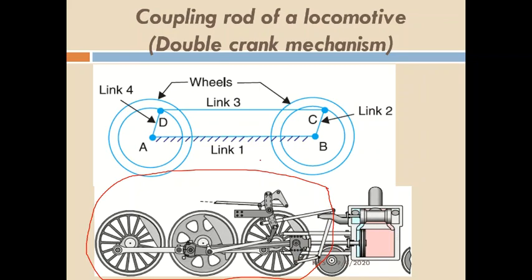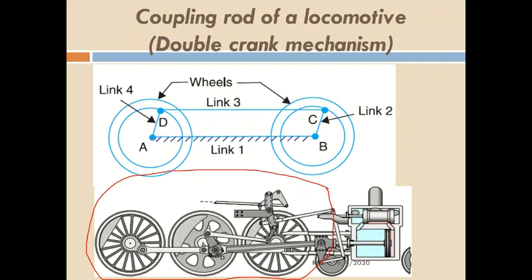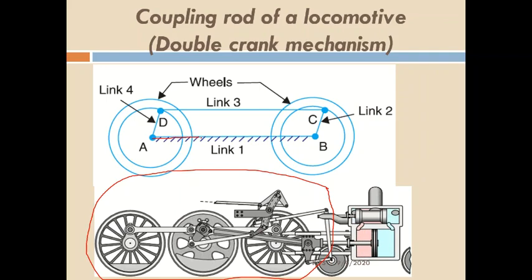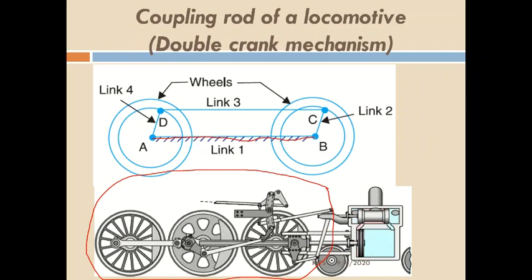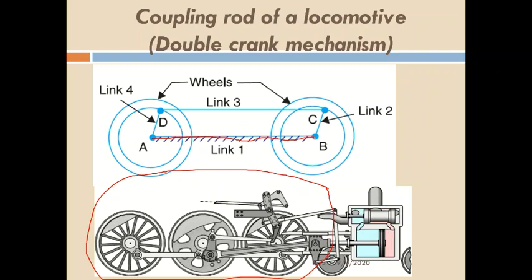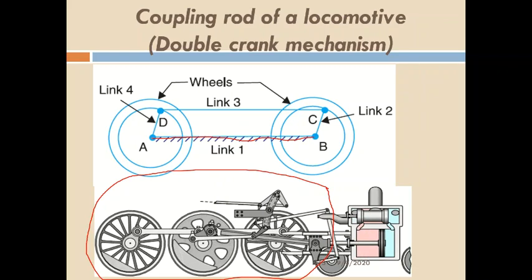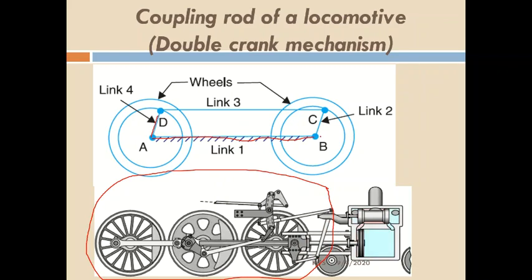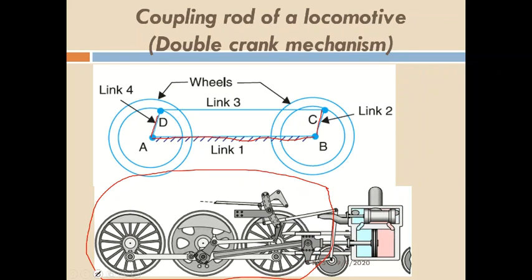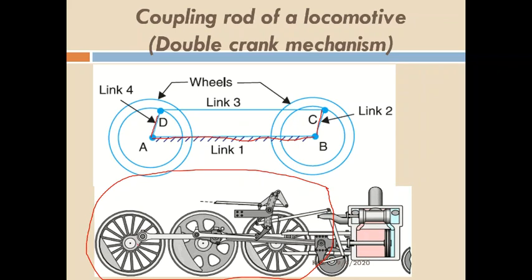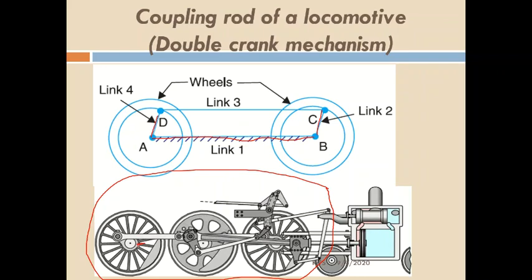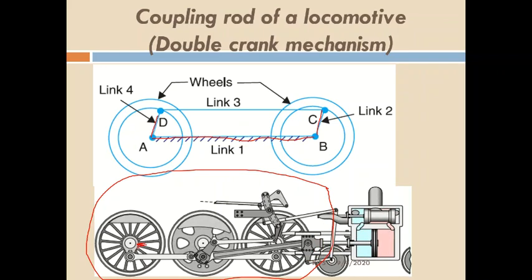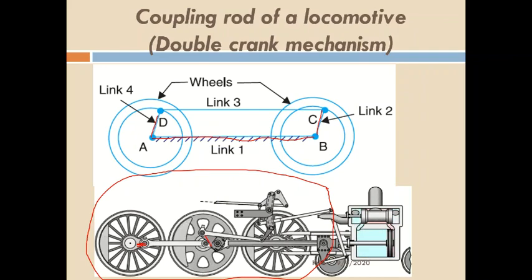So here AB is a fixed link. AD and BC are 2 cranks. In the mechanism you can see one crank here, and at this place another crank.